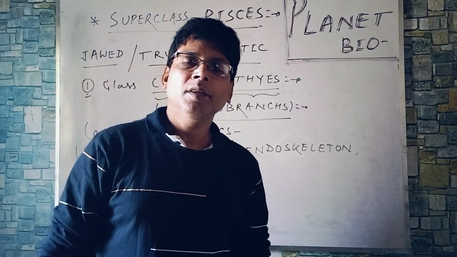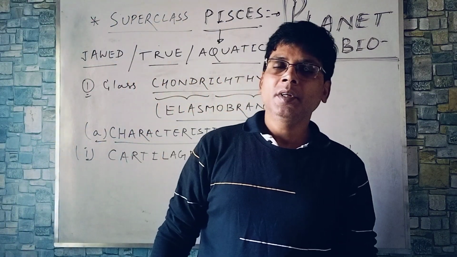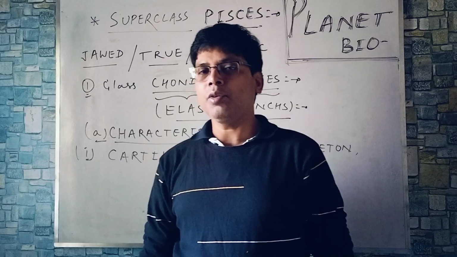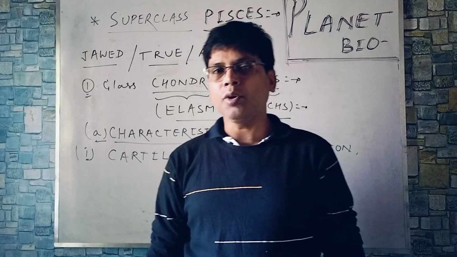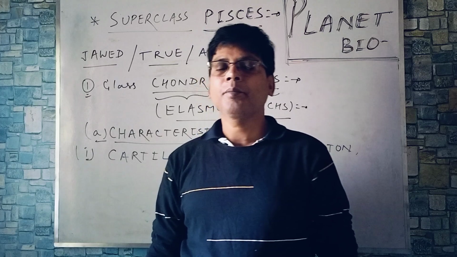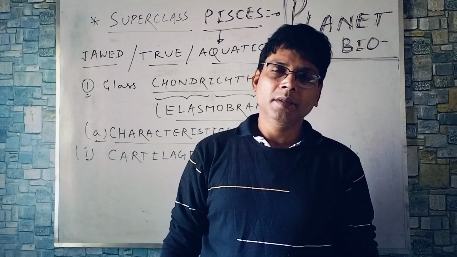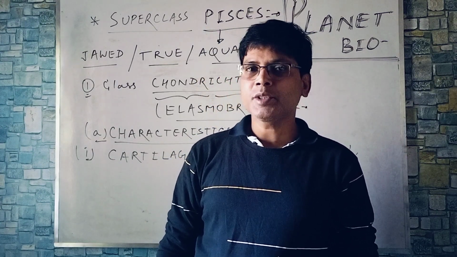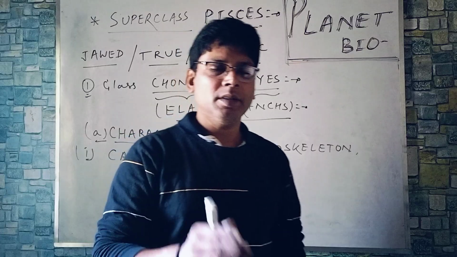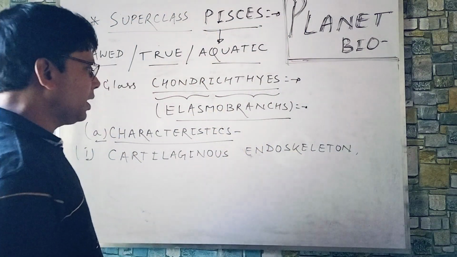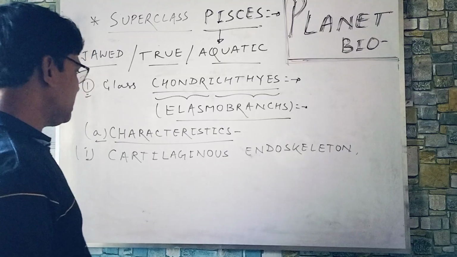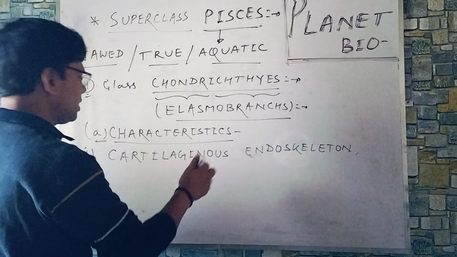Cartilages are elastic but firm. Their cells are called chondroblasts. Their matrix is called chondrine, that is a protein, and it helps in easy movement. It helps to form joints as well, cartilages. Cartilaginous endoskeleton.